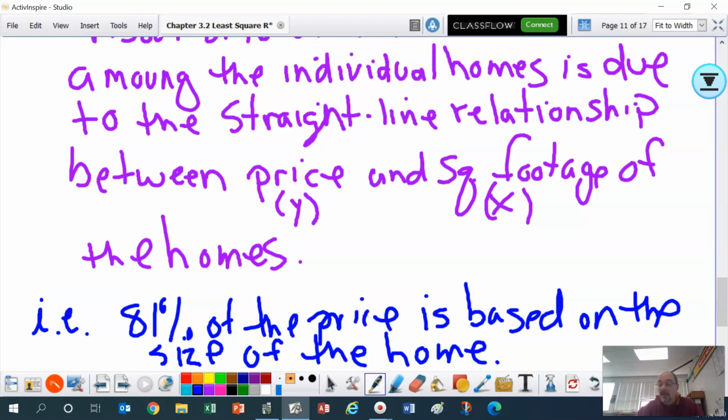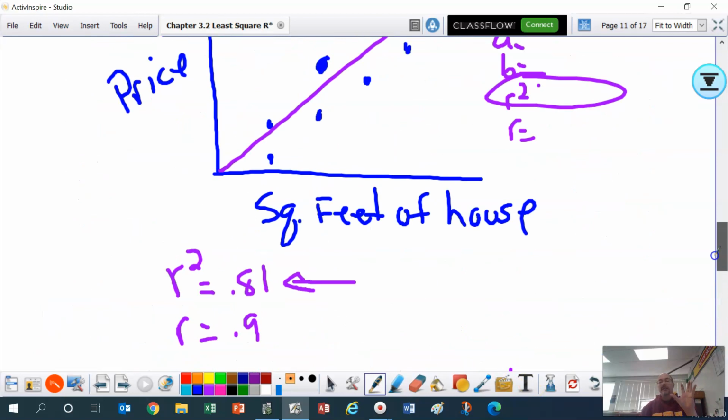The other 19% could be updated bathrooms, updated kitchens, hardwood floors, etc. But what this is saying is 81% of the price is based on the size of the home. All right, so hopefully that makes sense in this scenario.